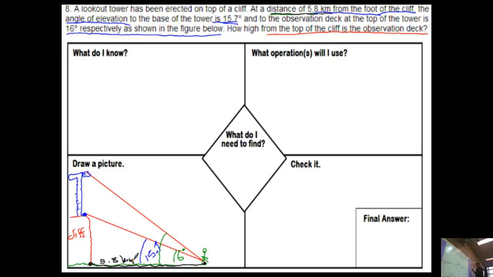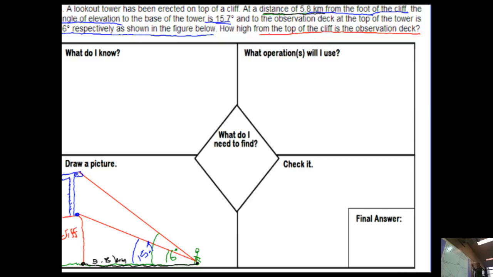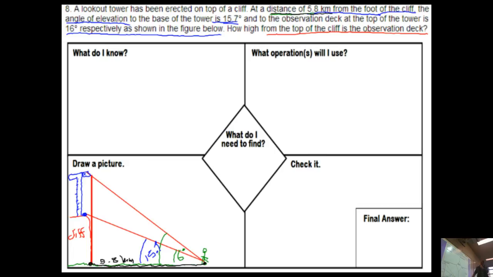So I've got two right angle triangles there, and what I'm interested in finding is the height, looking up. Most important, the height from the top of the cliff to the observation deck. So it's this section, from the top of the cliff going up. That's the height I'm after.